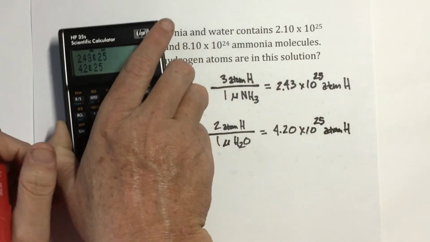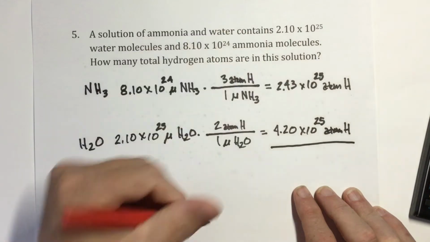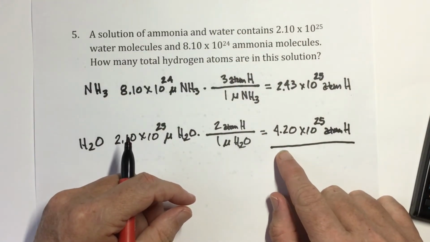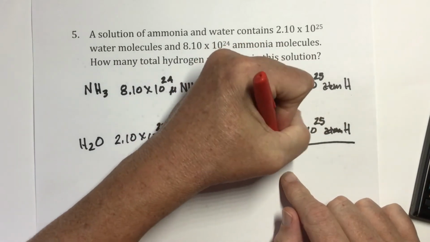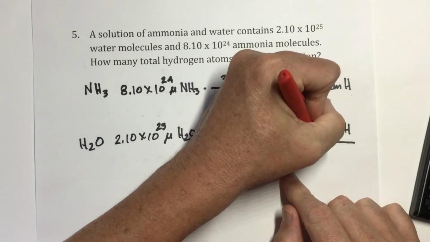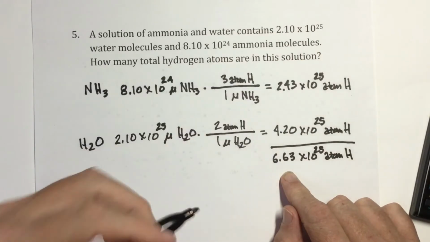So I want to know how many total hydrogen atoms there are, so I just need to add these 2 together, and that will be 6.63 times 10 to the 25 atoms of hydrogen.